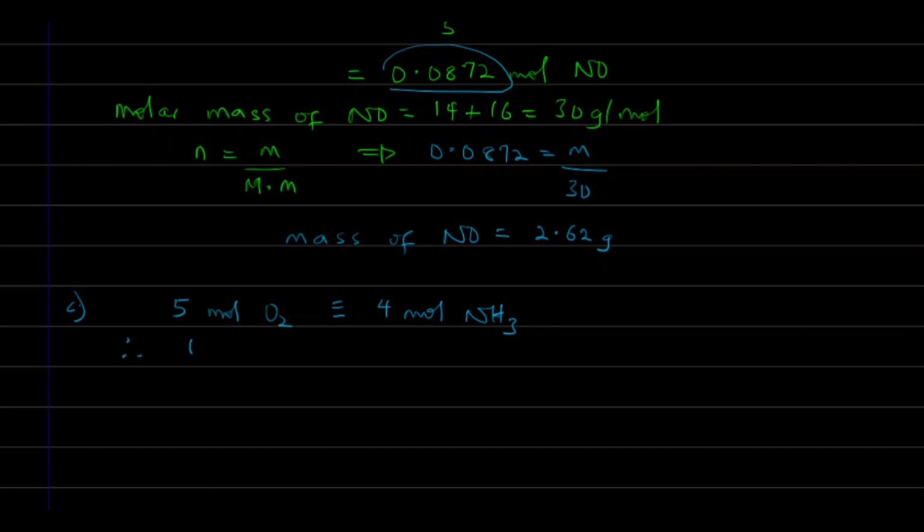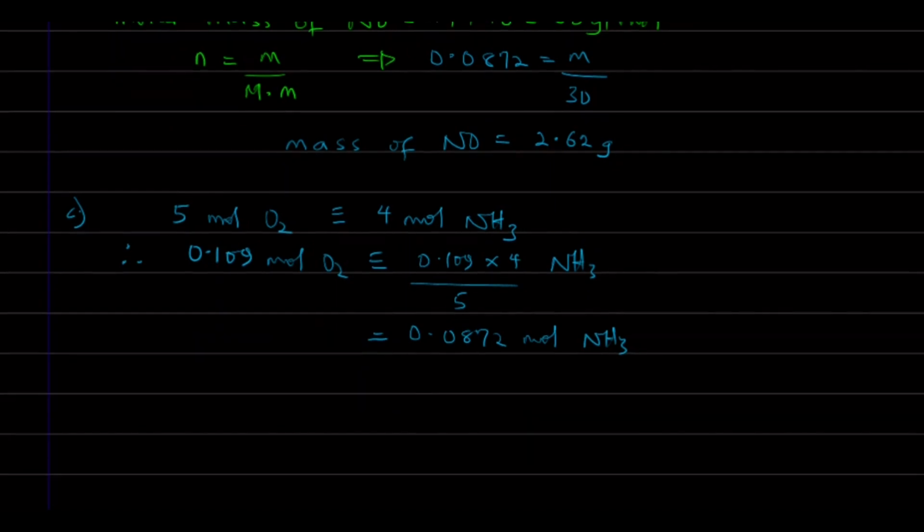Therefore, 0.109 mole of oxygen will react with 0.109 times 4, we are cross multiplying, over 5 of NH3, and that will give us 0.0872 mole of NH3. This simply means that the number of mole of NH3 that reacted with 0.109 mole of oxygen gas, which is limiting, is 0.0872.